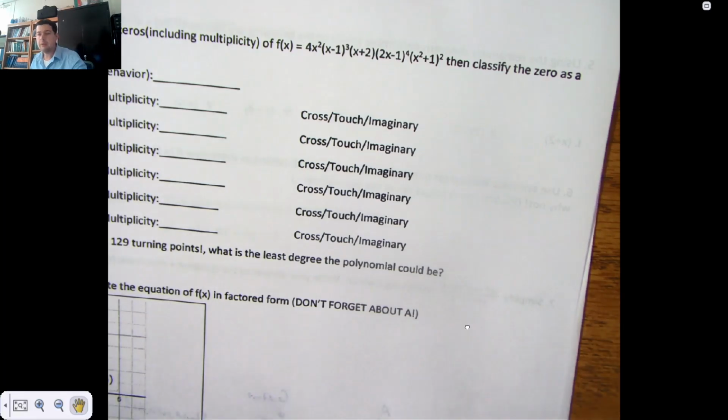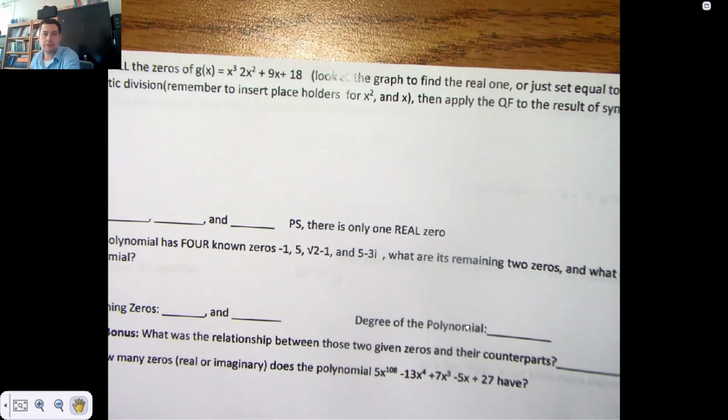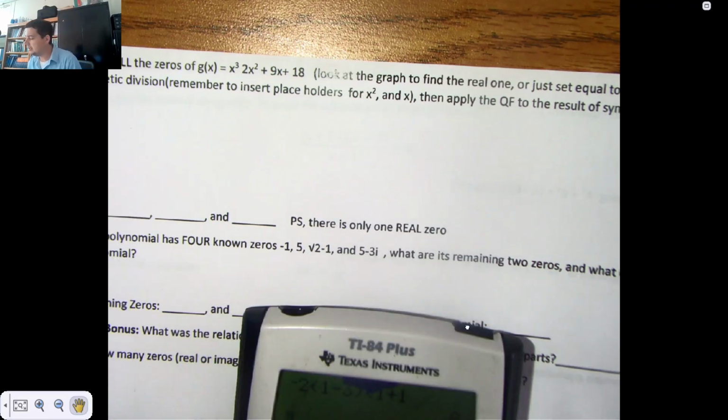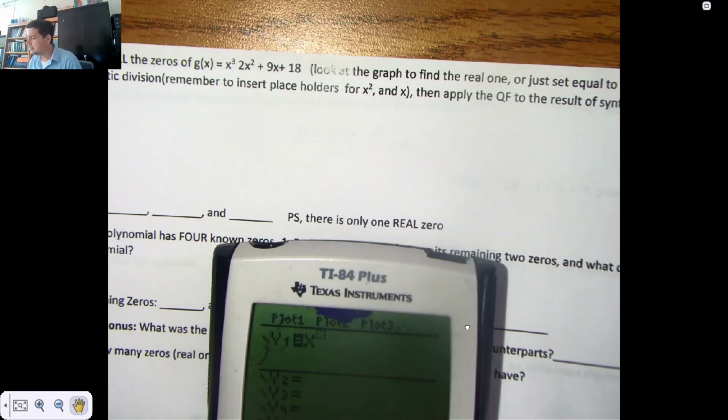All right, find all the zeros of x cubed... Something's missing there. Is it a plus or a minus? I guess we'll find out. Find all the zeros of this function. Apparently I left the sign off. I must have edited this.